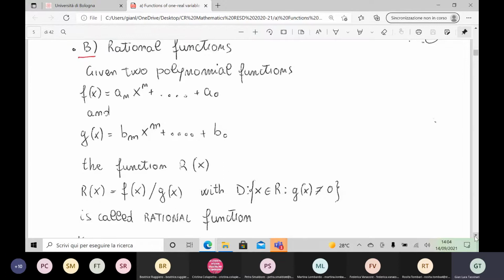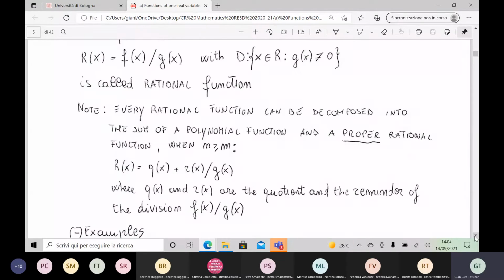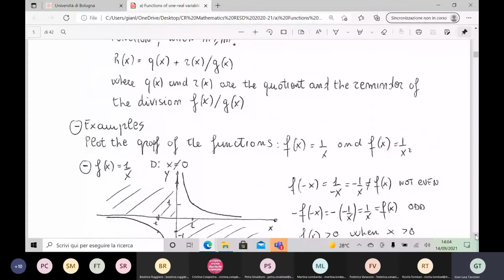Now we're going to see some very easy examples of rational functions, which are really elementary functions that you can plot immediately. Look, for example, at these two cases. These are special cases of a rational function. f of x equal to 1 over x. The numerator is a polynomial function of order 0 because it's the constant.